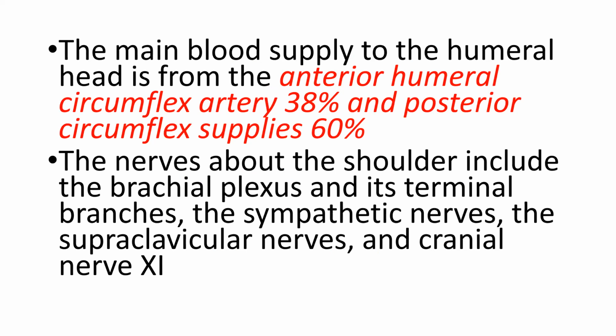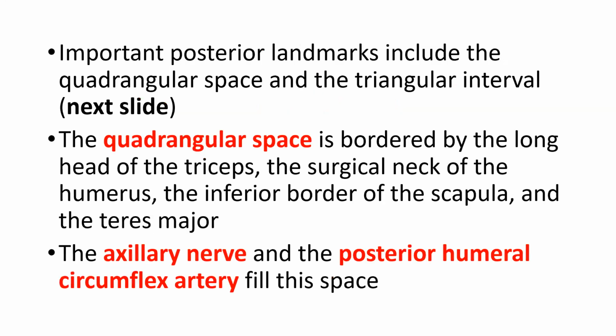The nerves about the shoulder include the brachial plexus and its terminal branches, the sympathetic nerves, the supraclavicular nerves, and the cranial nerve 11. We spoke about these. Now, important posterior landmarks include the quadrangular space and the triangular interval.